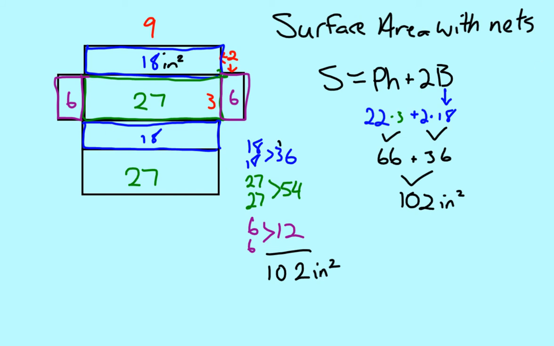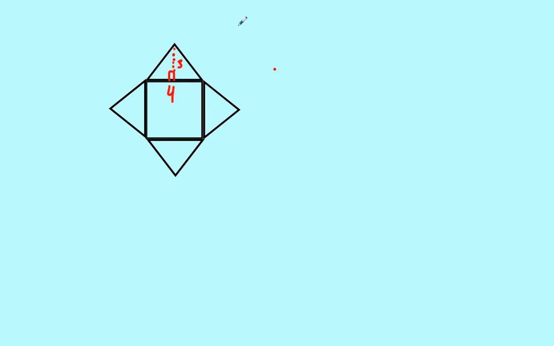Another question you had involved a pyramid, but the way it's worded, we wanted everything except for the base. It might have said find the lateral surface area, which means we ignore the base.